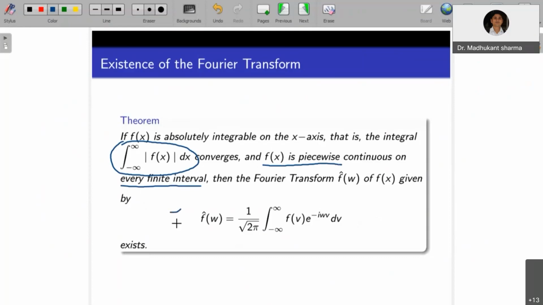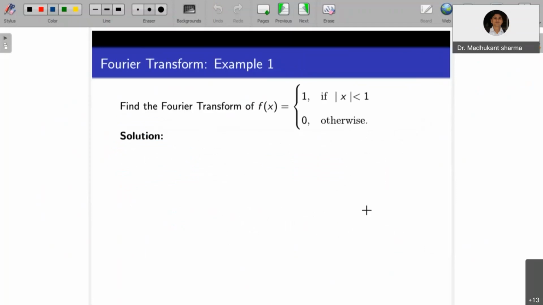Then you can define the Fourier transform of f by the following formula, and its inverse Fourier transform is given by that. Note that you have integration with respect to v here, and there you have integration with respect to w when you are going with the inverse Fourier transform. Here is minus, there is plus. Right. Now let's take one example.